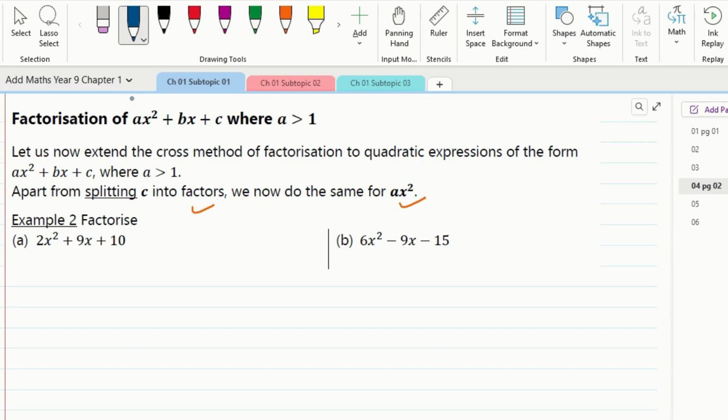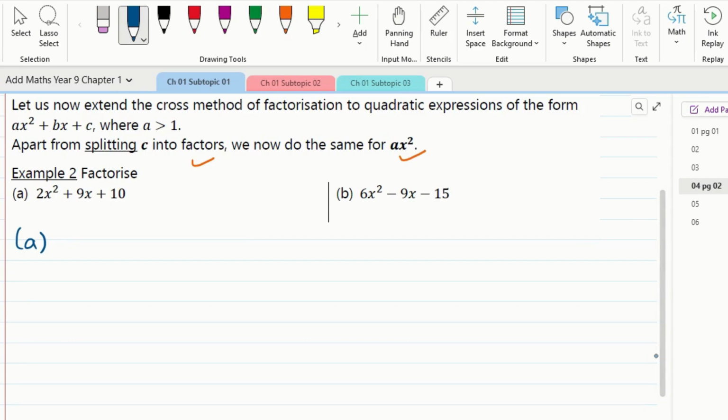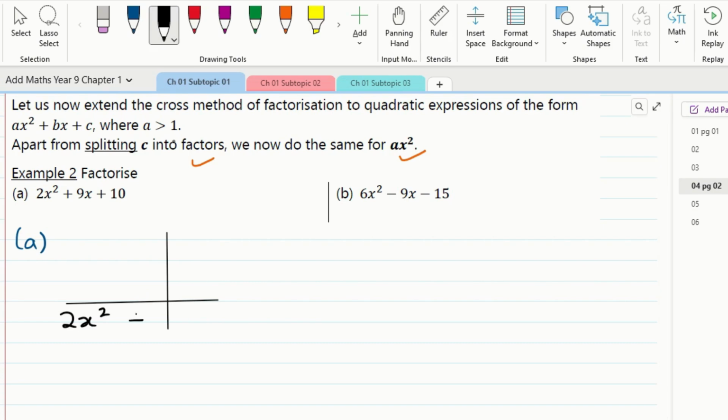So for example, for part A, 2x squared plus 9x plus 10. Same method, no worries. 2x squared over here and plus 10 over here, and your aim is to get positive 9x. Okay, let's see what we can do.